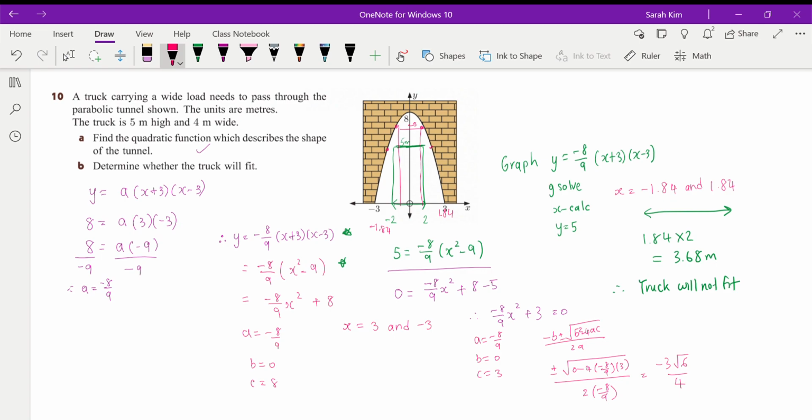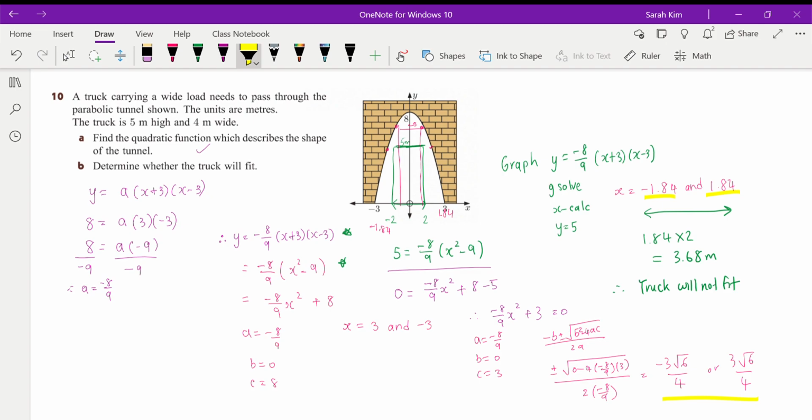And if I put a minus in front of it, I get 3 square root 6 over 4, which I think are the exact values of these decimals, which is what I just checked. So these are the exact values, so that's how you find it manually.